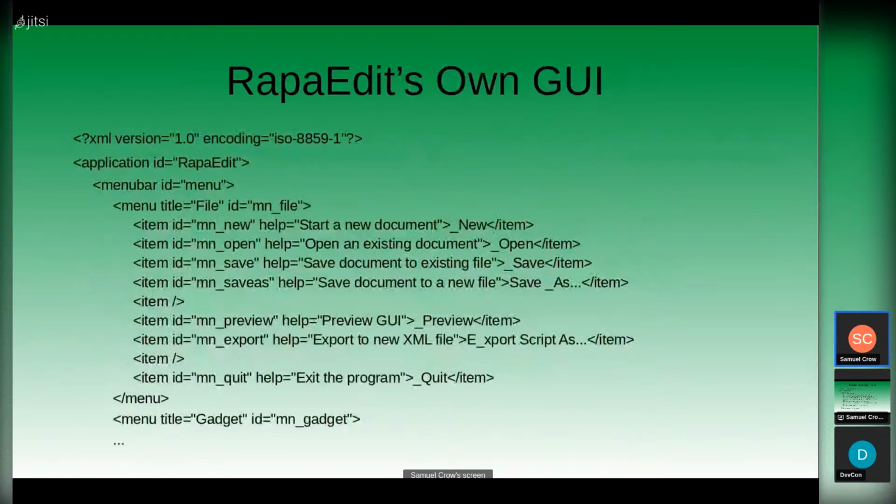All right. Let's start by going through the rappaedit.xml file that contains the skeleton of RappaEdit's own GUI. The ID subtags on each item, like here and all of these, are used by the event handler and elsewhere in RappaGUI.